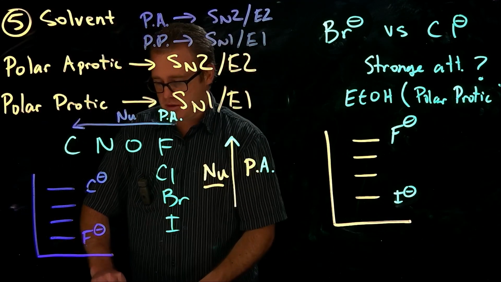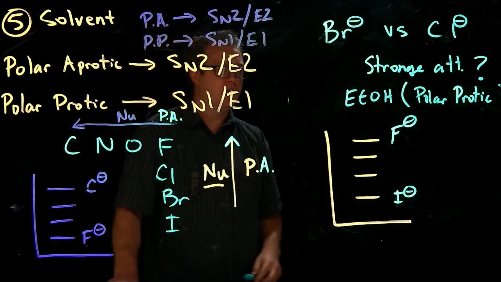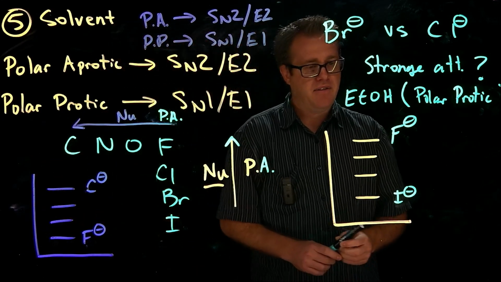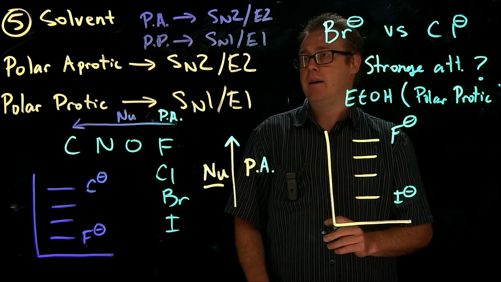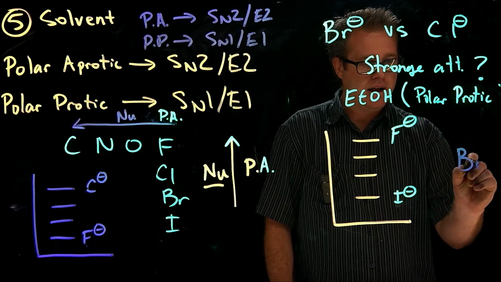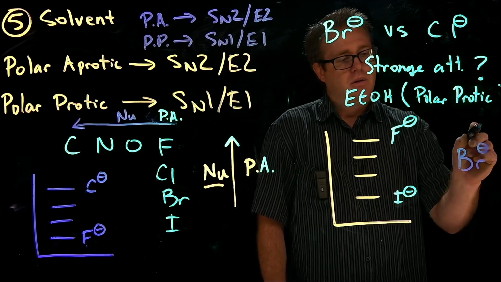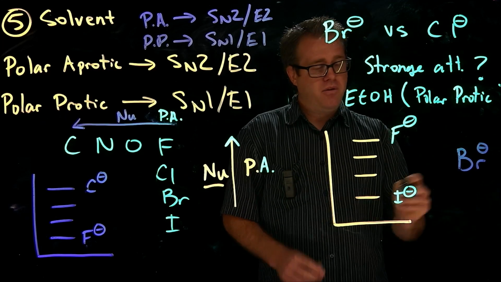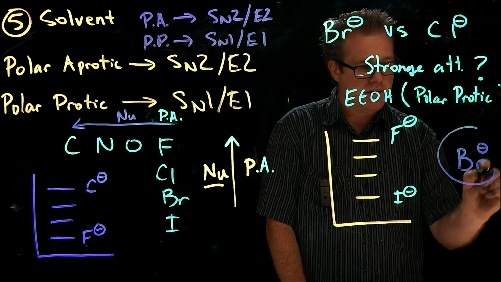Now, another principle that I want to share with you to help put this all together is the fact that when you have an attacking species, or an anion, this anion is going to have solvent around it.